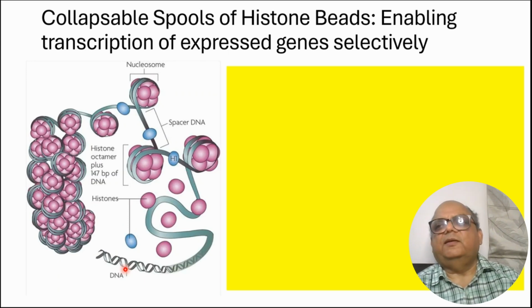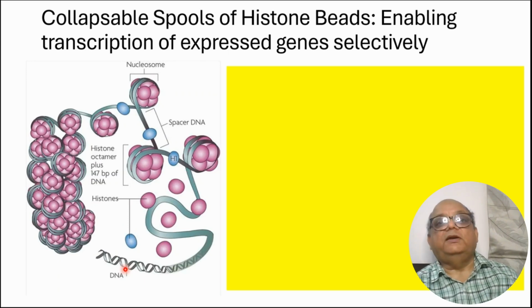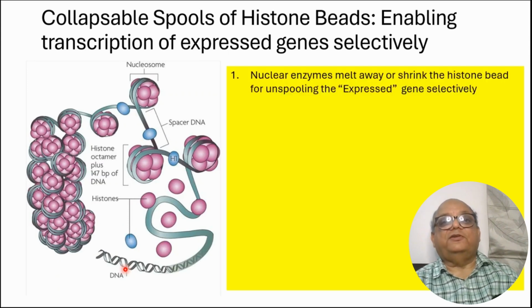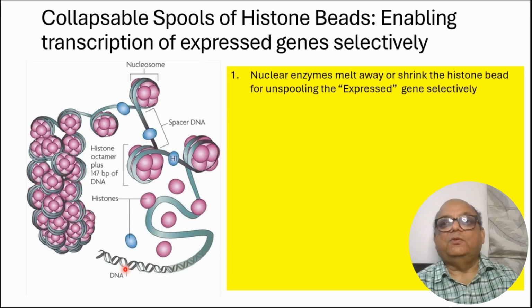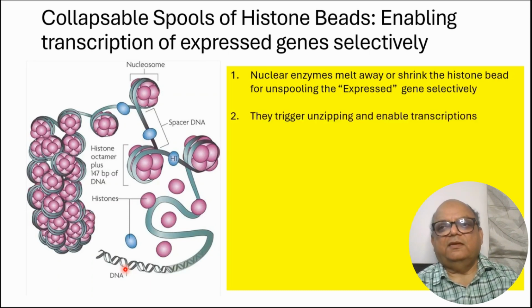Of course, nuclear enzymes melt away or shrink the histone bead. So which histone beads have to be shrunk? That activation has to be done robustly, intelligently, as programmed through the nuclear enzymes. Okay. So they trigger unzipping and they enable the transcription. Okay.